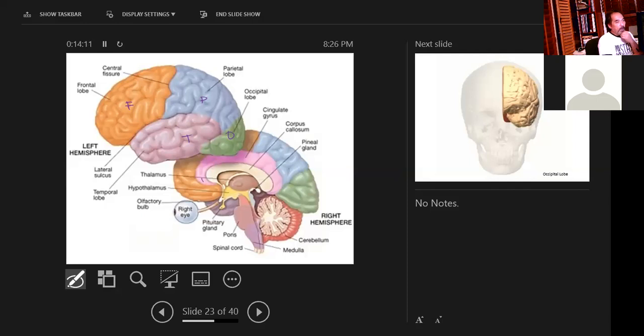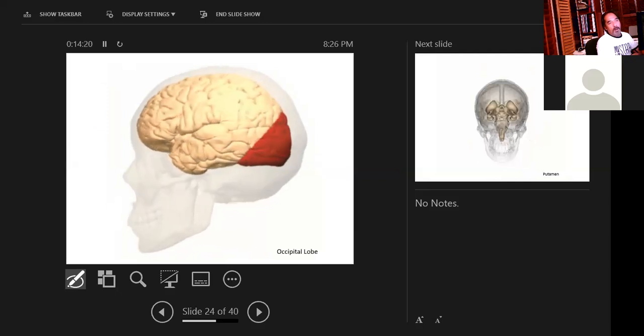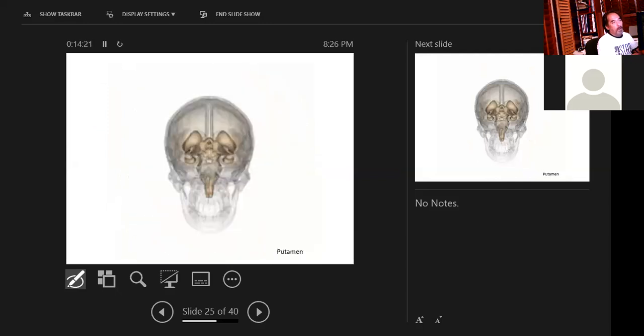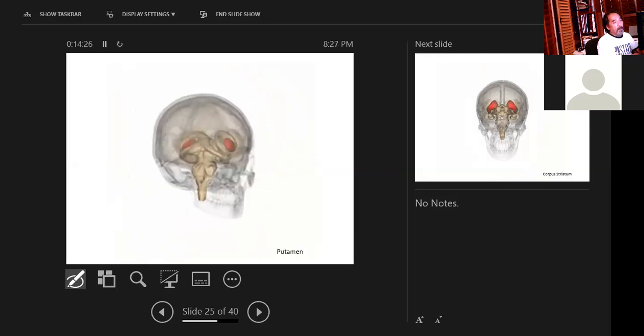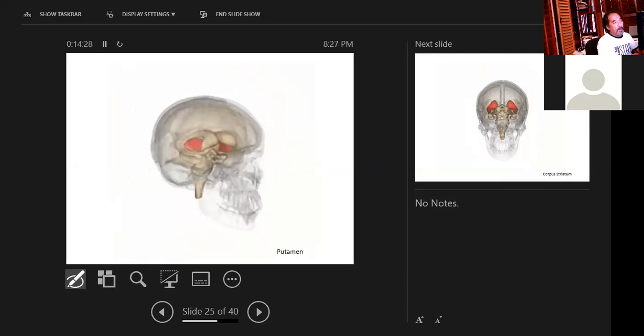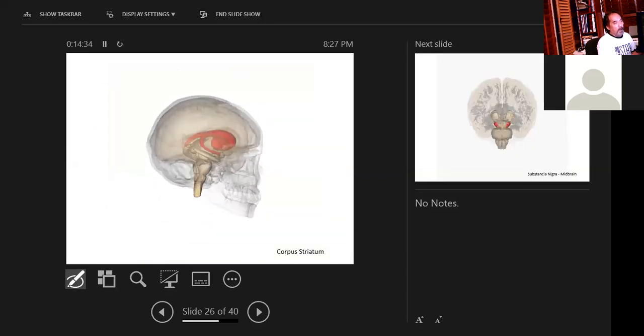And then the cingulate gyrus above the corpus callosum. Then this part is going to be the occipital lobe. This is part of the basal ganglia, which is going to be the putamen, and that's going to be the corpus striatum of the basal ganglia.